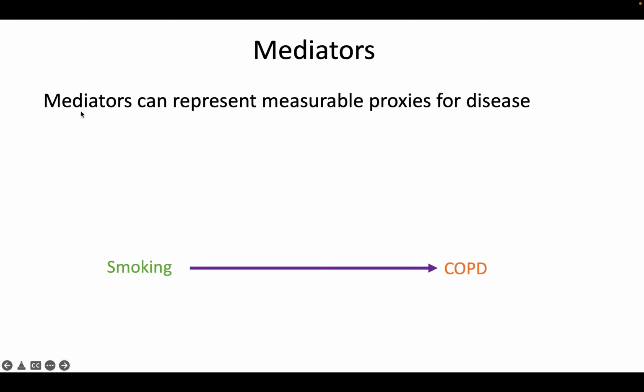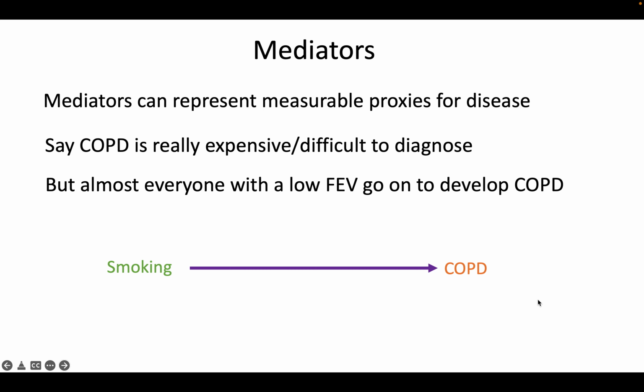Mediators can also represent measurable proxies. If we're looking at smoking and COPD, let's just say that COPD is really difficult or expensive to measure, but there's an intermediate, like forced expiratory volume, that's really easy to measure. Then we could use forced expiratory volume as a proxy for COPD.